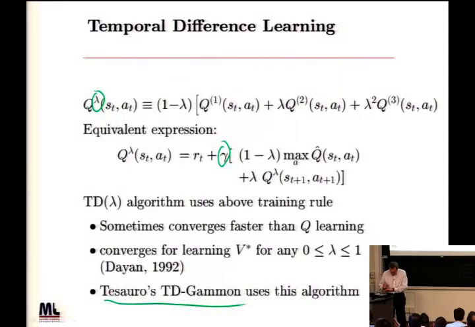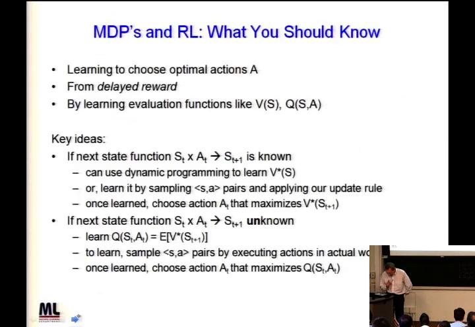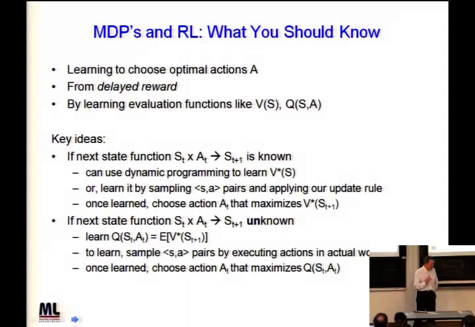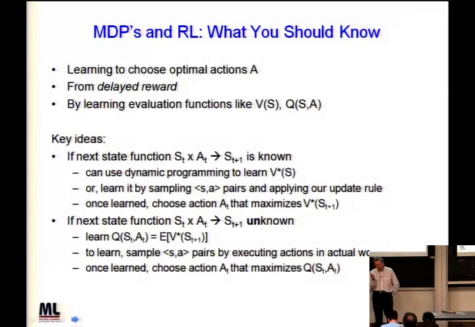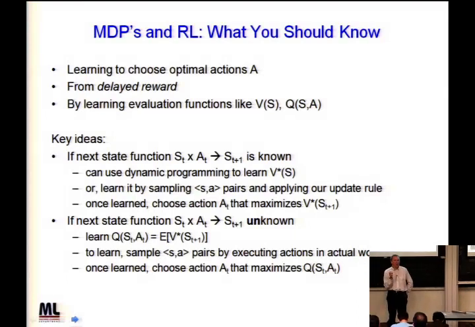Okay, so I want to move along a little here because I want to also mention something which I find fascinating, which is that this particular algorithm turns out to be the best computational model available for explaining certain neural phenomena in animals.